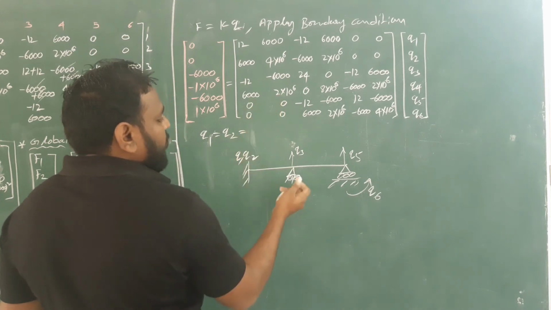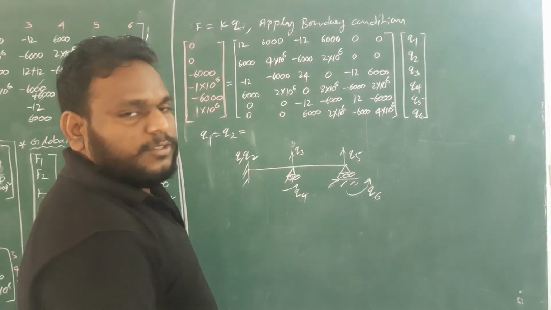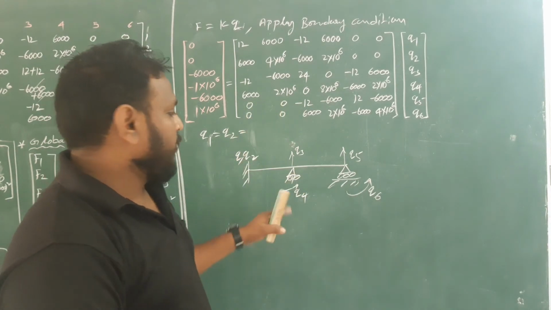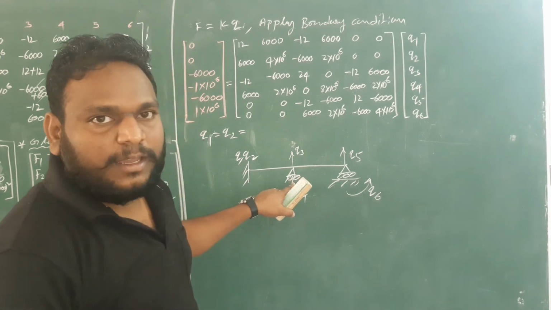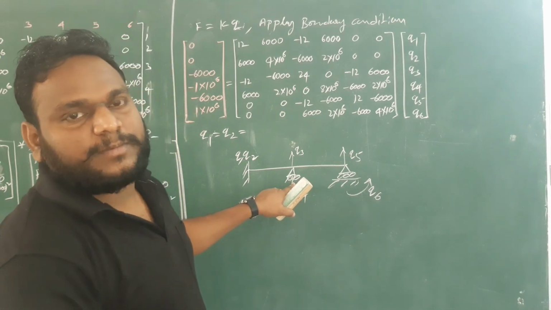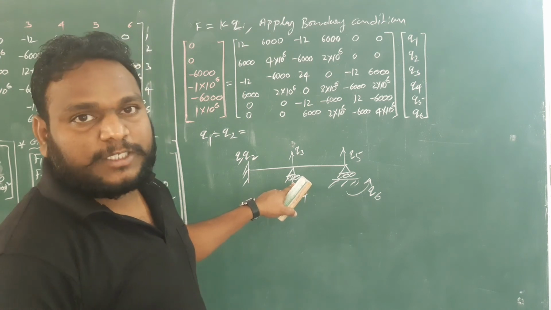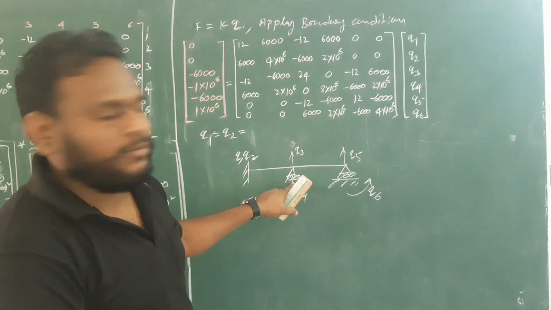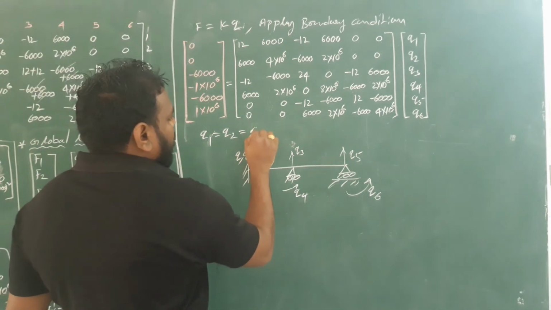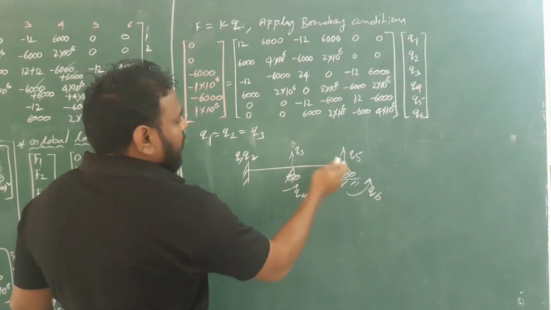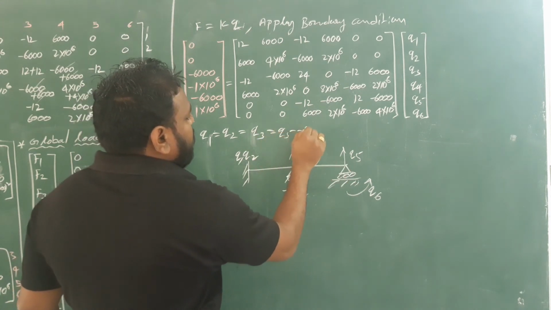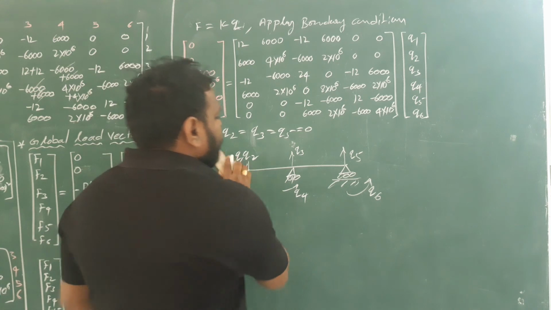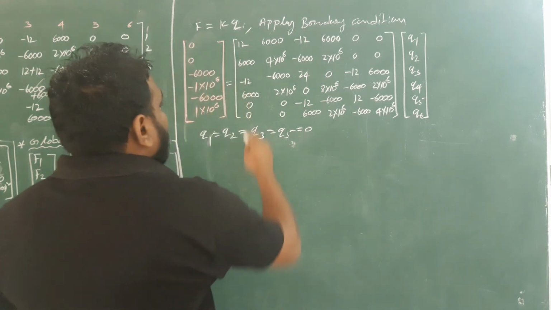At the same time, here is roller support. So because of this reason, here only slope displacement is there. There is no vertical displacement, okay, because it is a roller support. Okay, that is Q3, here Q3 and here Q5 is also 0. That's why I am eliminating.